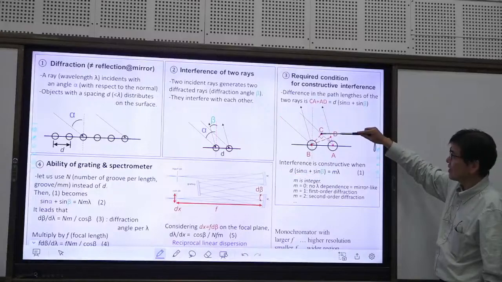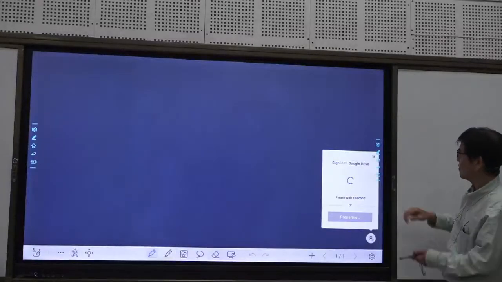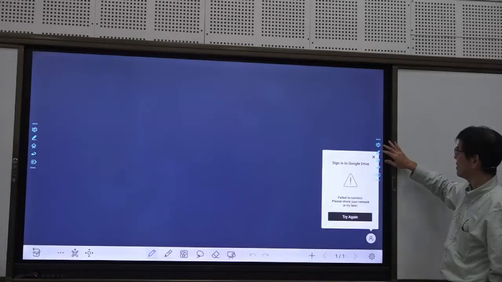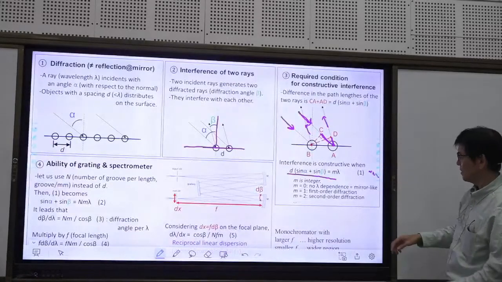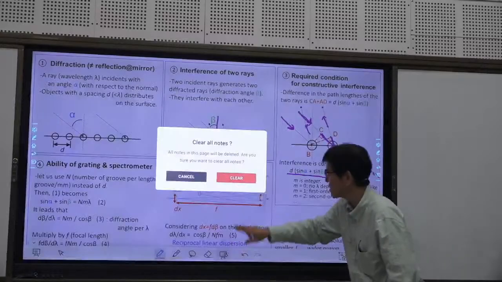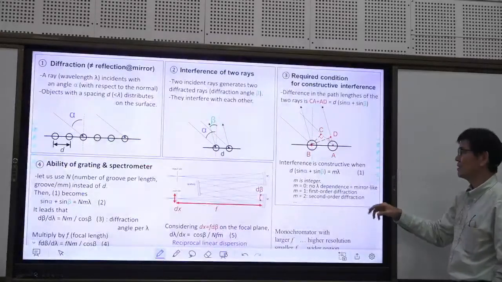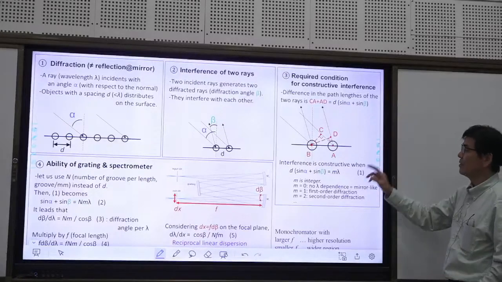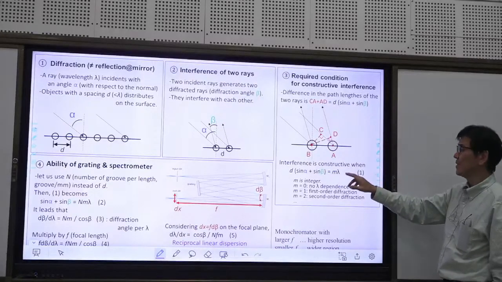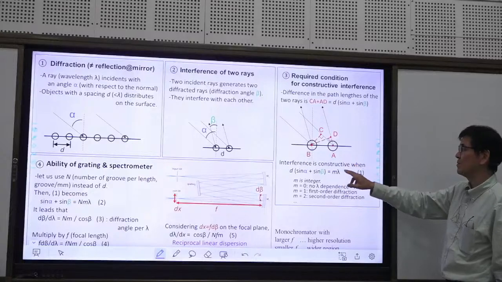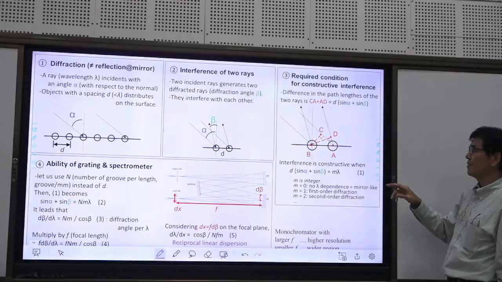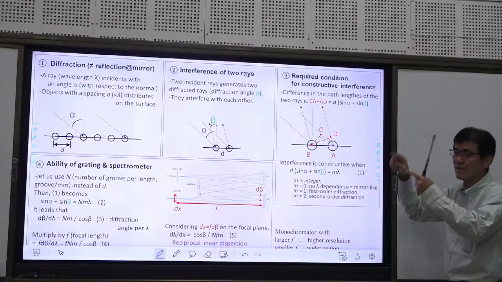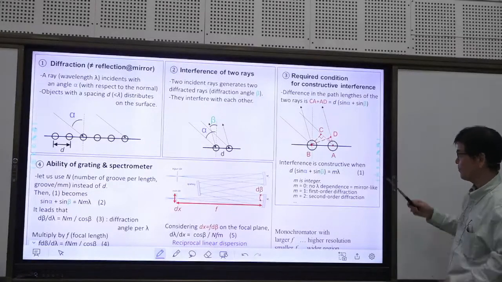If this excess distance is m times lambda, then positive constructive interference takes place.